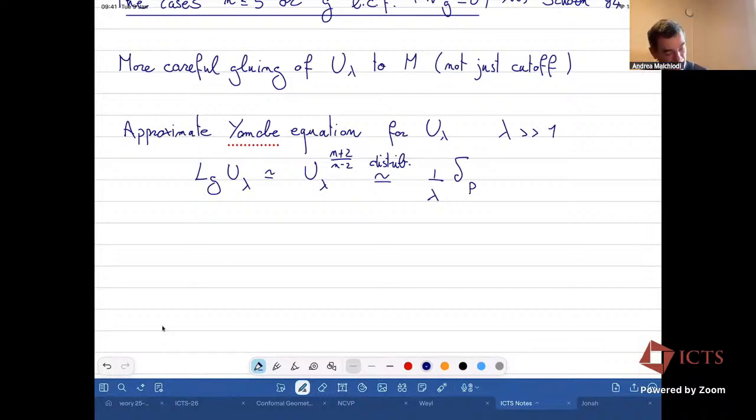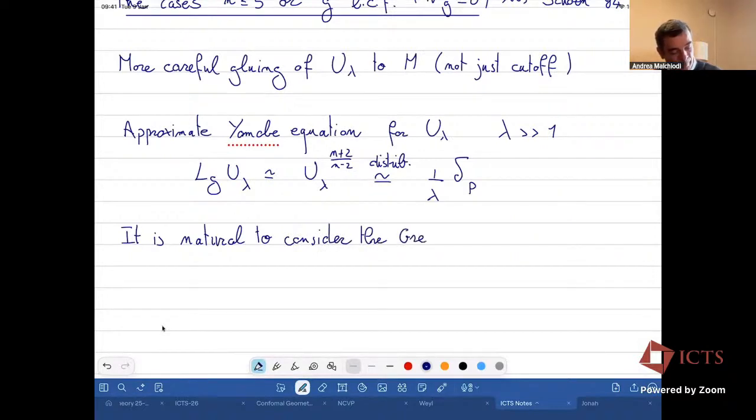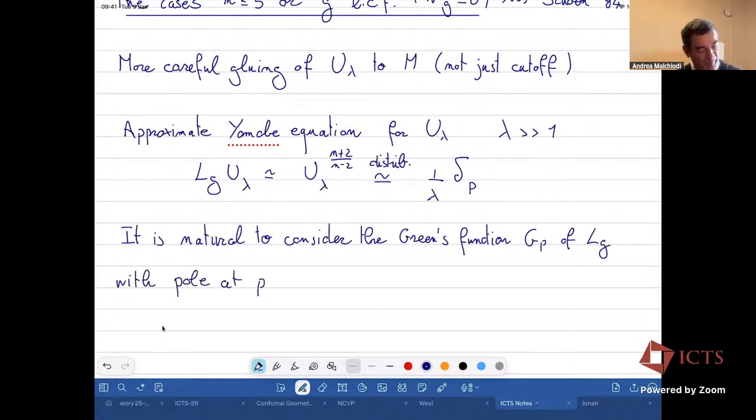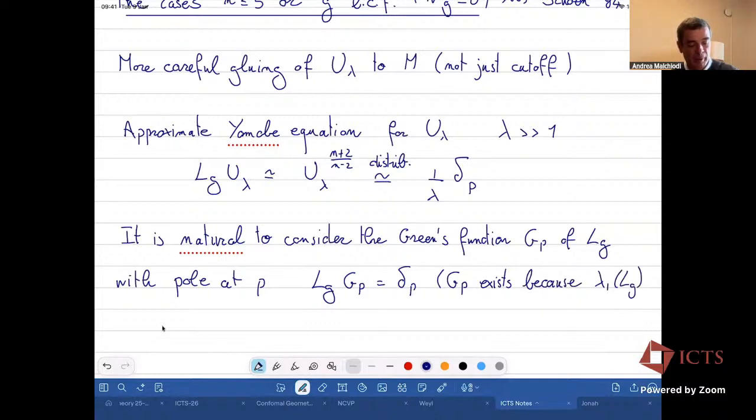So it is natural to consider the Green's function, say, let me call it G_P, of L_g, the conformal Laplacian, with pole at P. Okay, so the solution of L_g G_P equals the Dirac delta at P. So the Green's function, you can show it exists because lambda_1 of L_g, we're assuming it to be positive, okay?